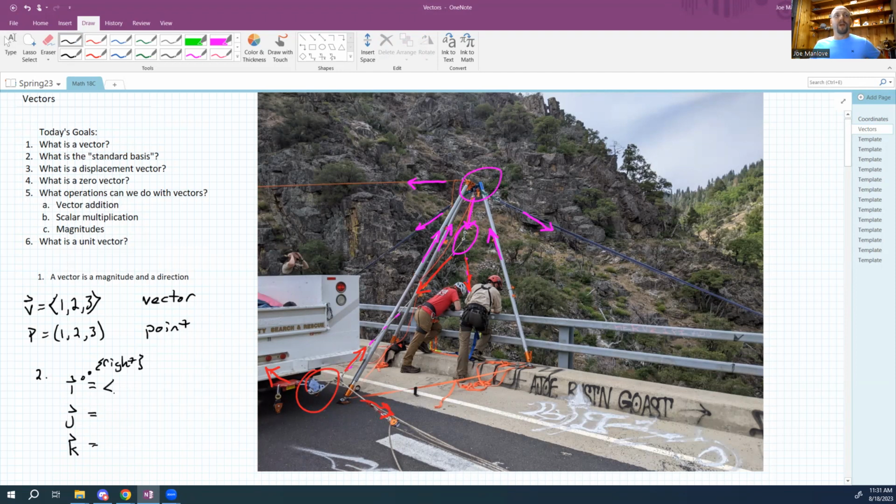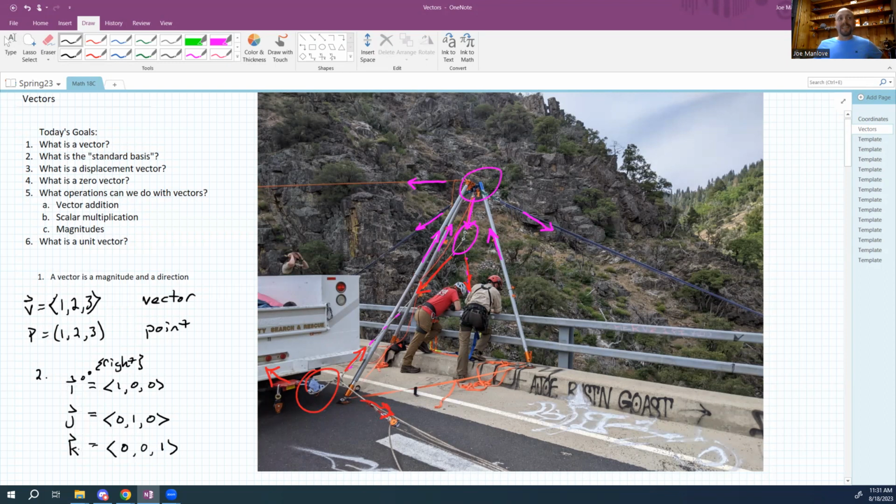So that's going to be the vector 1, 0, 0, right? 1 unit in the x direction. j is going to be 1 in the y direction, and z is going to be 1 up. Or sorry, k is going to be 1 up. So I've got i, j, and k.